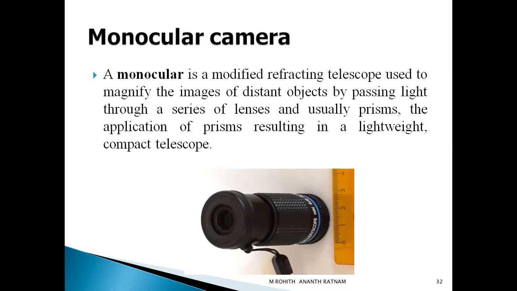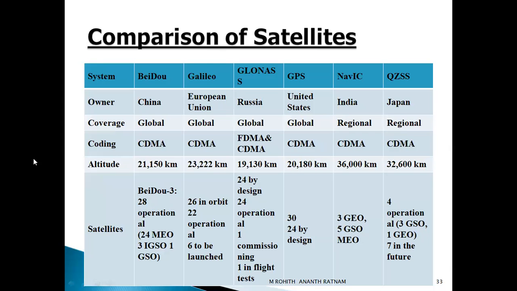So guys, in navigation satellites, in most of the cases we will be using monocular cameras, for checking out the navigation of the area. So guys, these are the different satellites we have.